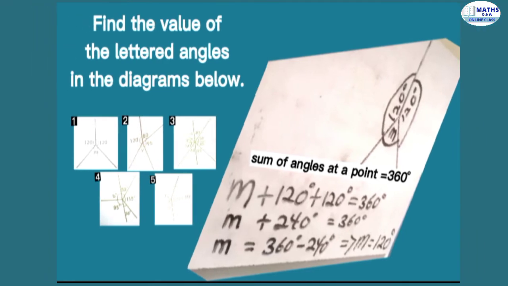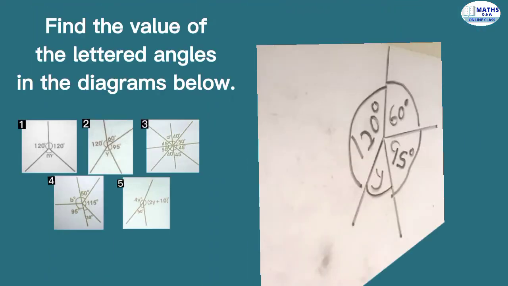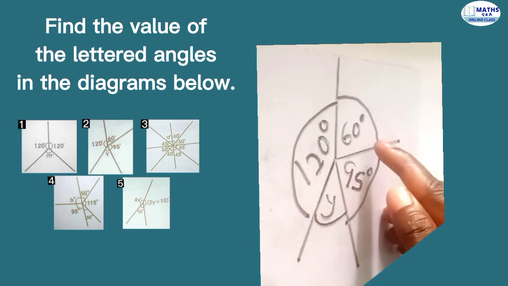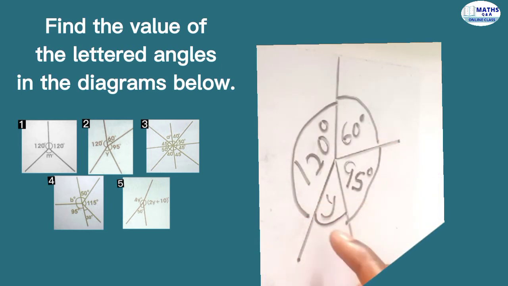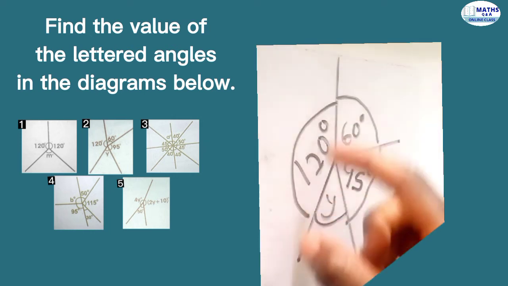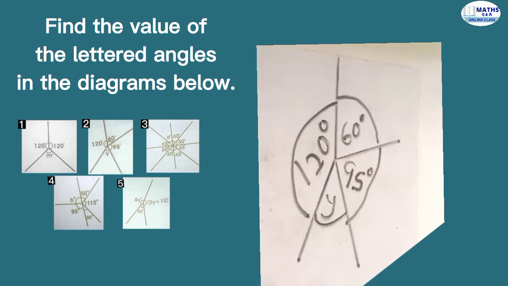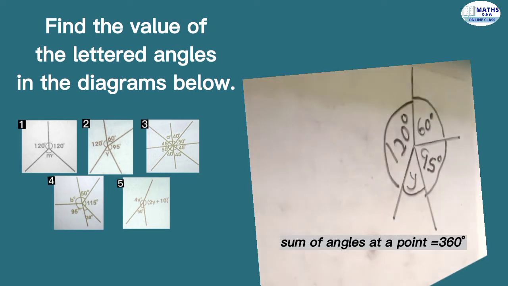Now let's move on to the second diagram. This is the second diagram. We have 120 degrees, 60 degrees, 95 degrees, and then Y. And you see that all these angles meet at a point, right? So they sum up to 360 degrees. So now you state that sum of angles at a point is equal to what? 360 degrees.